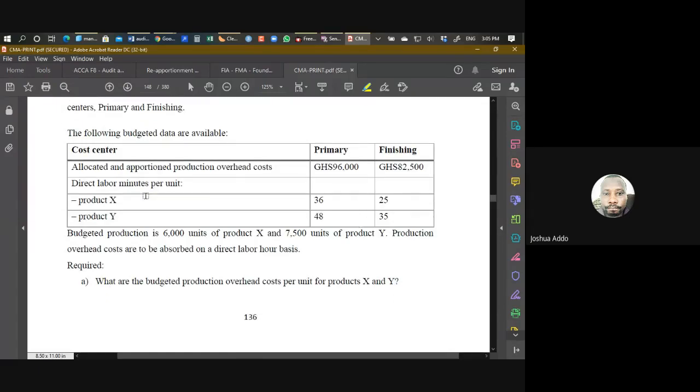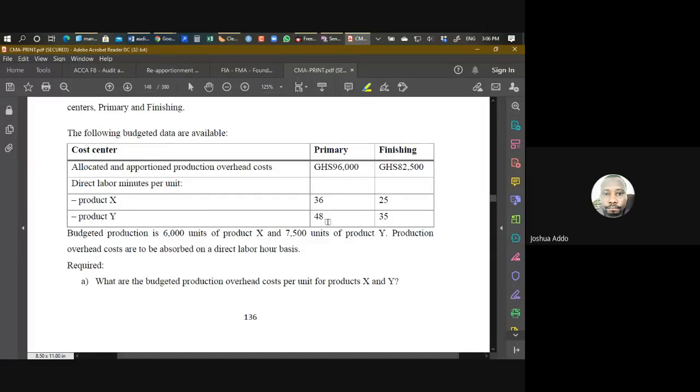Direct labor minutes per unit. So for product X, remember they produce two products. For product X, it takes 36 minutes in the primary department, and it takes 25 minutes in the finishing department.